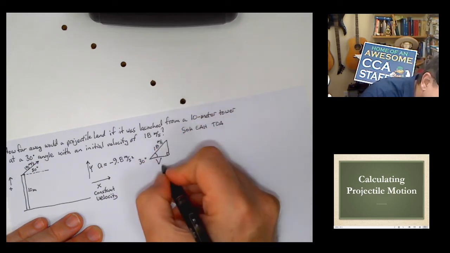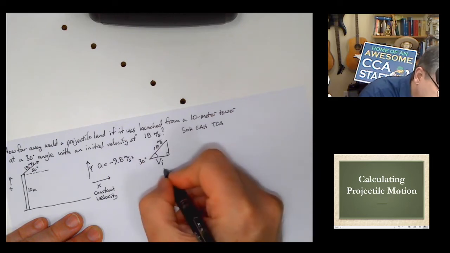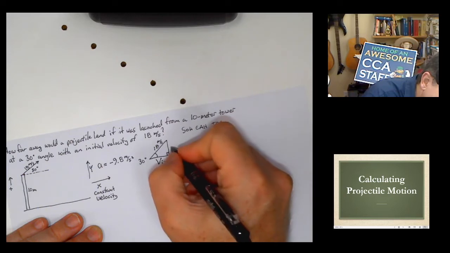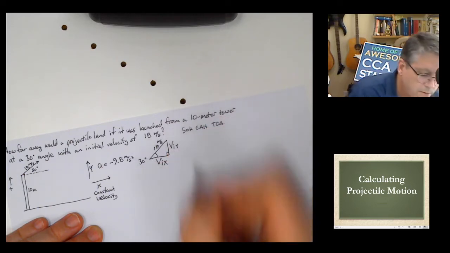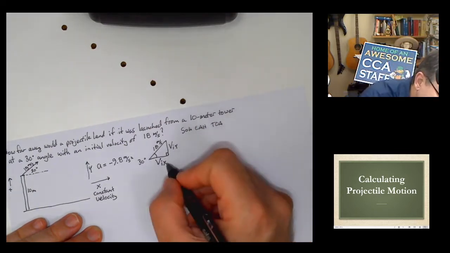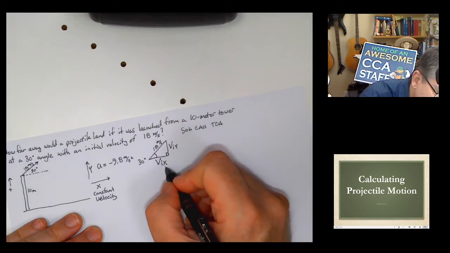And its initial velocity, so I'm going to put an i, and its initial velocity in the x direction, so I'm going to put an x. And this is the initial velocity in the y direction, so I'm going to put v_iy, all right? So let's start with the x one.